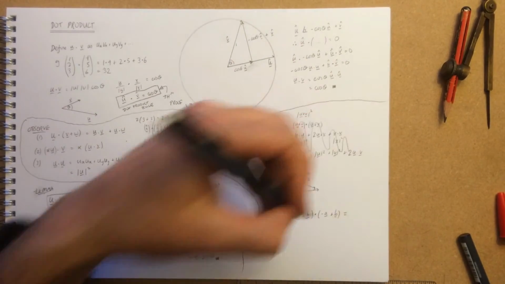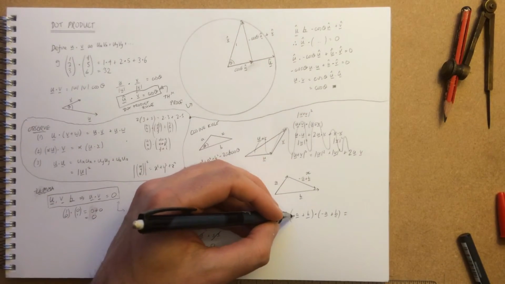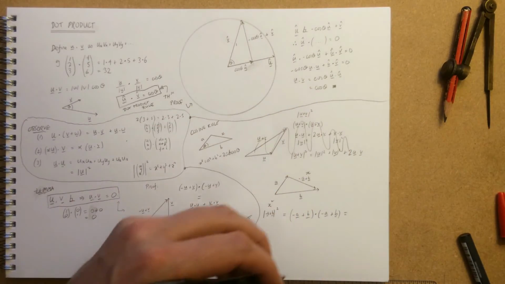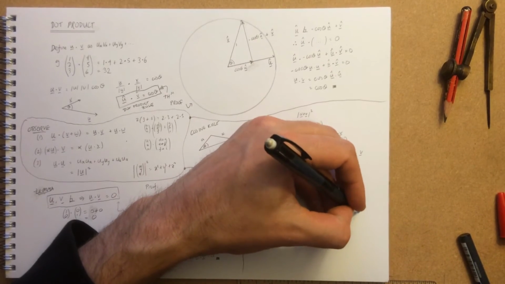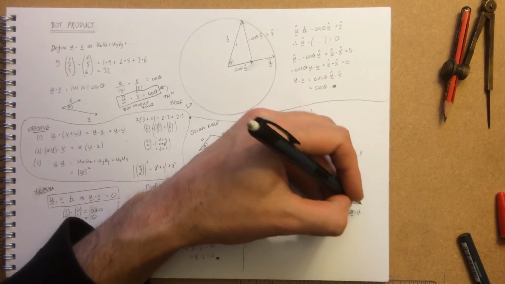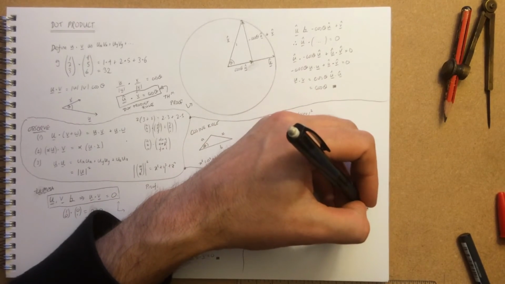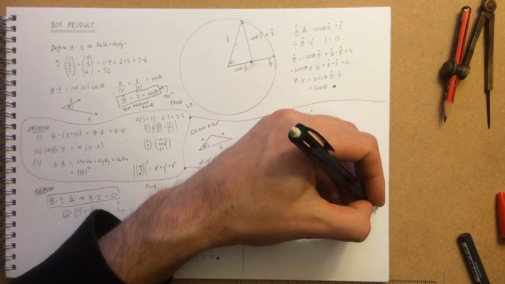And on the other hand, we can just multiply out, so we've got minus A dotted with minus A, which is the same as A dot A, otherwise known as mag A squared.